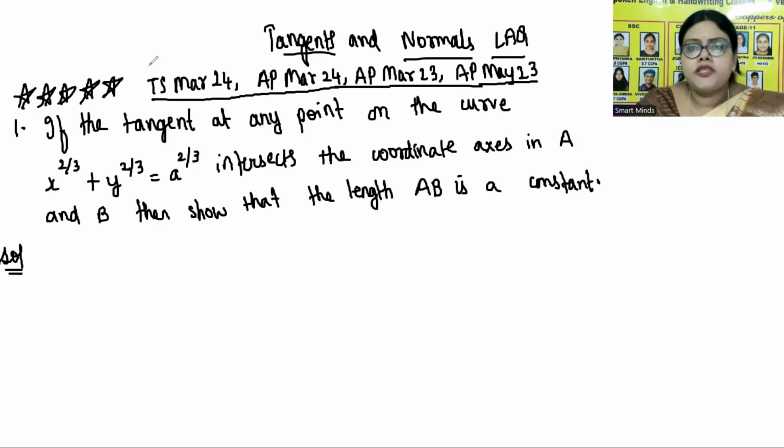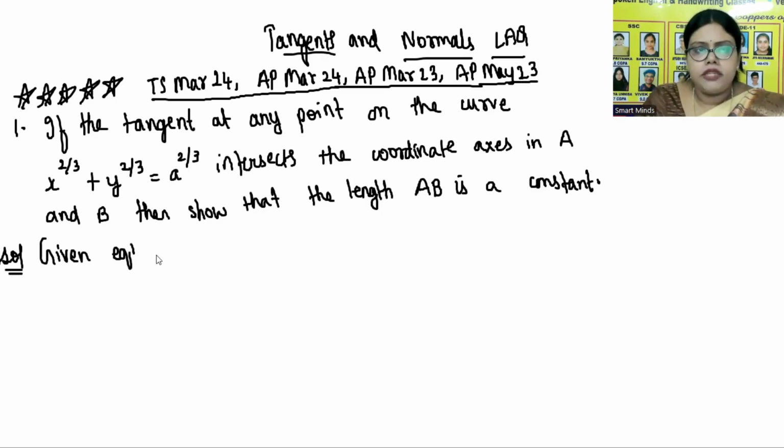So the question is, if the tangent at any point on the curve x power 2 by 3 plus y power 2 by 3 is equal to a power 2 by 3 intersects the coordinate axis in A and B, then show that the length AB is a constant. So first let us write the given equation.